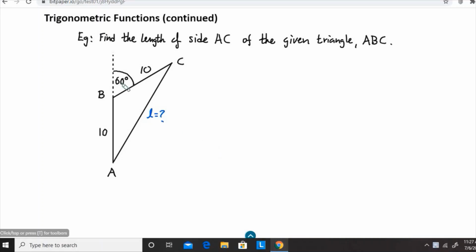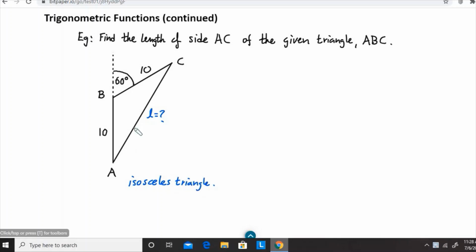If you look carefully at this triangle, you can see sides AB and BC are equal. When two sides of a triangle are equal, we say that's an isosceles triangle. So that's an isosceles triangle.